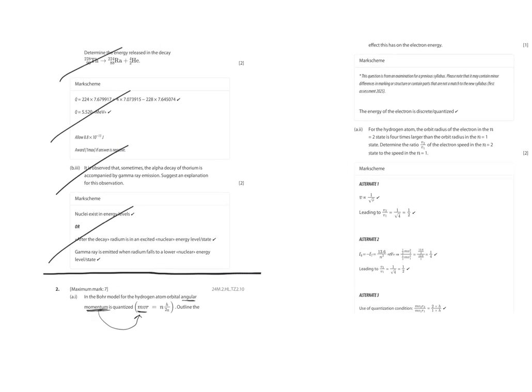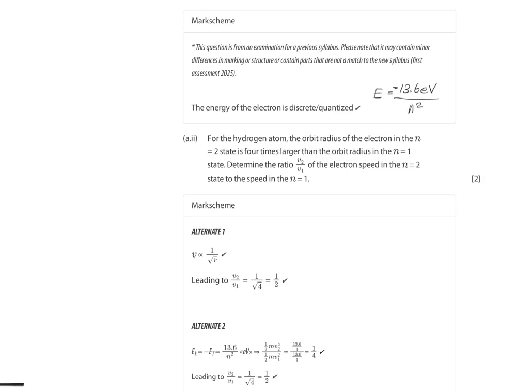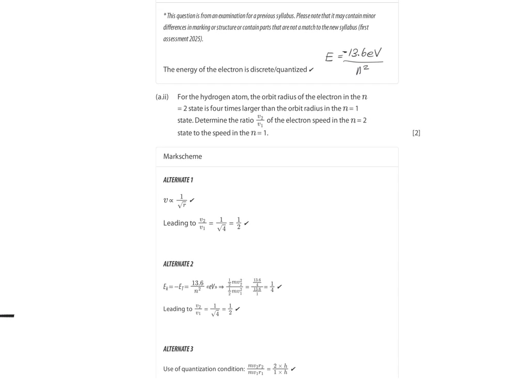I think that's a really weird question, but basically what they're getting at is that the angular momentum is quantized, but the energy is also quantized, and we can see that in the equation E equals negative 13.6 eV over n squared, that the energy is in quantities of 13.6 eV, that the energy can't just be continuous.